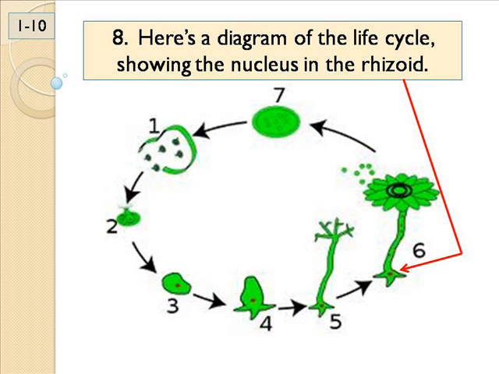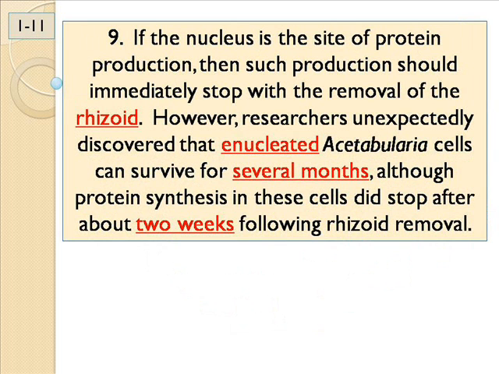And we can remove this part of it. Then nothing should happen up here, because that's where the nucleus is. So here I thought, if the nucleus is making the proteins, and I remove that rhizoid with the nucleus, then don't you think protein production would stop? We thought that.